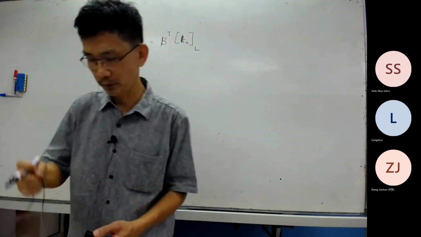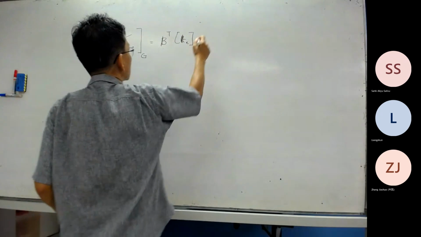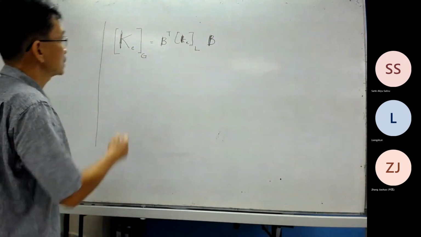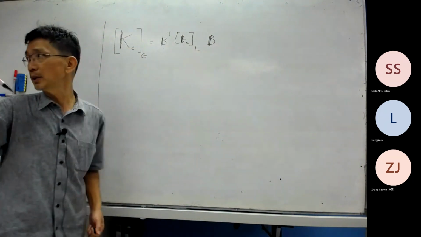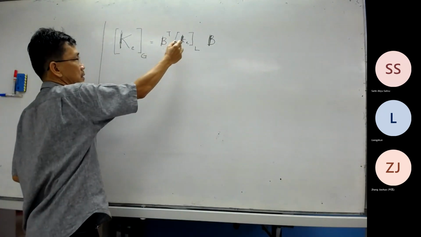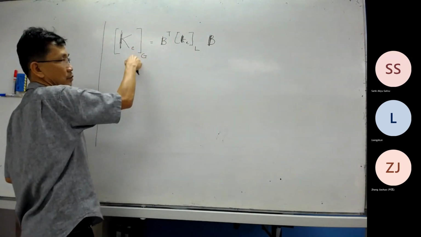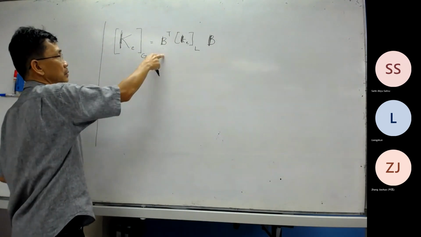Then the other one will be B. So this is to get from element 1, 2, and 3. They are at different orientations, but with this B matrix, which represents how you transform into global, you have to do this.